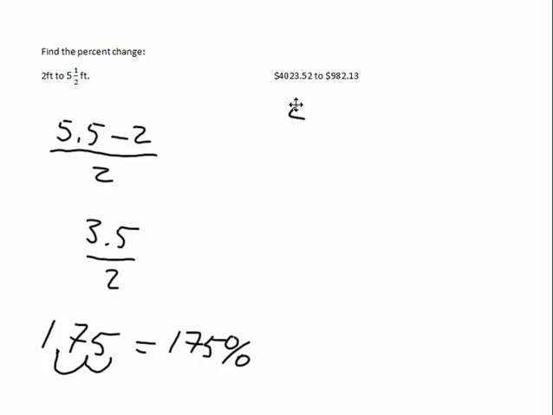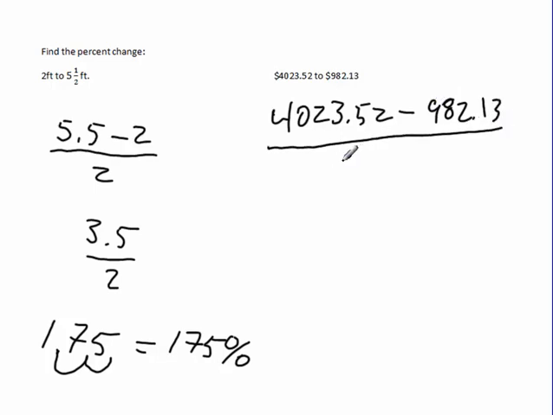So here we have 4,023.52 minus 982.13, all over my original amount, which was 4,023.52. I definitely need my calculator for this one.